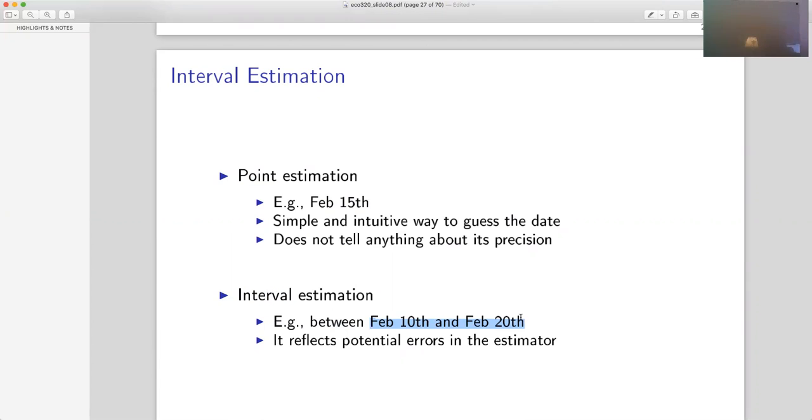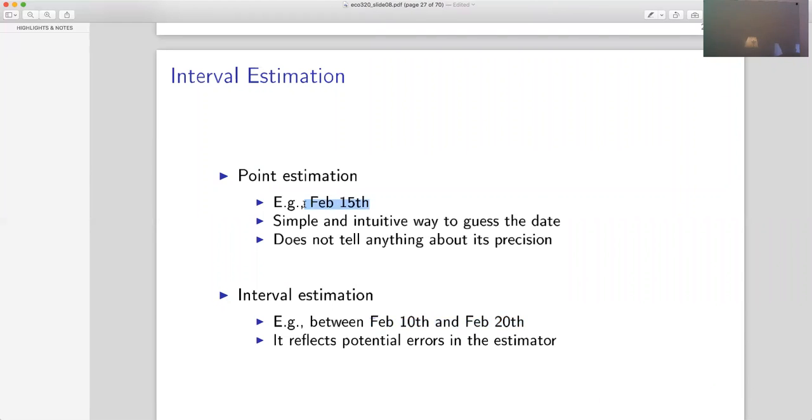So the doctor said, with a 90% chance, you're gonna have the baby around this interval of time.